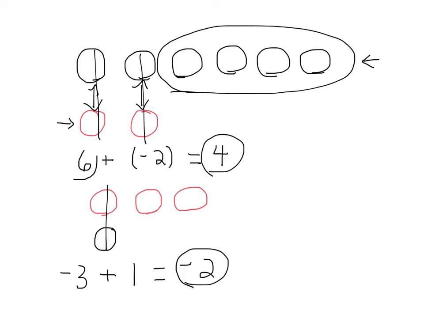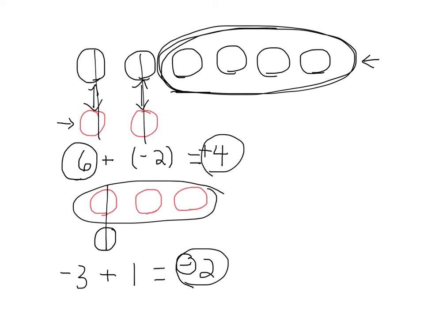And the reason I know it's positive 4 is because this side in the battle had more to begin with. In this example, negative 3 plus 1, 3 minus 1 is 2, and I know that it's negative because the negatives had more to begin with.